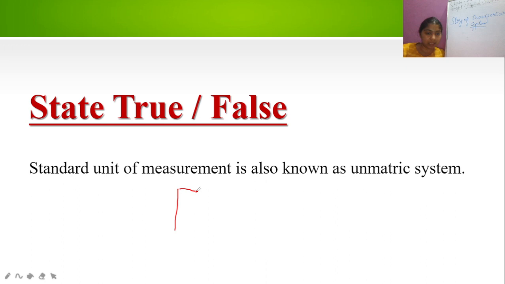Now students, let's recap what we have discussed in today's class. We discussed the story of the transportation system, right? Then we discussed the non-standardized system of measurement. Then we talked about the standardized unit of measurements, right? For the first transportation, the human foot was used.